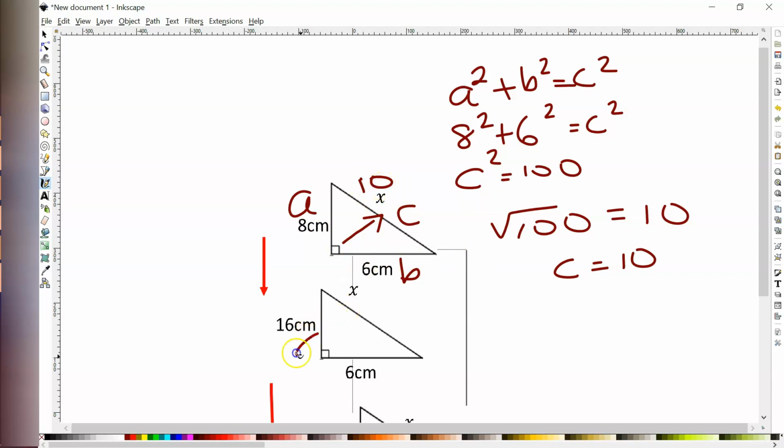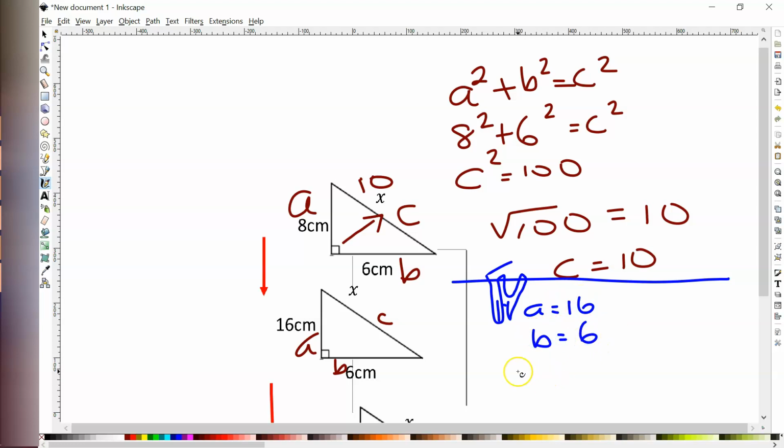Okay, for this one we have A, we have B, and we have C. Let's get a different color pen. A is 16, B is 6.